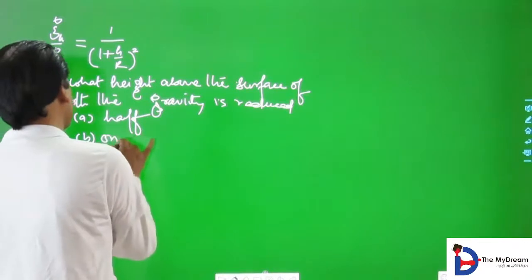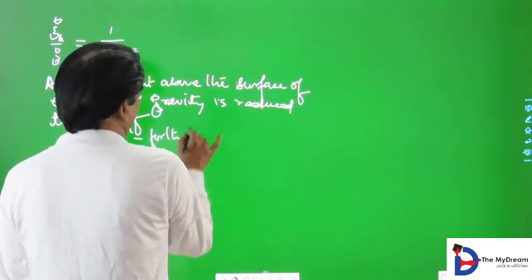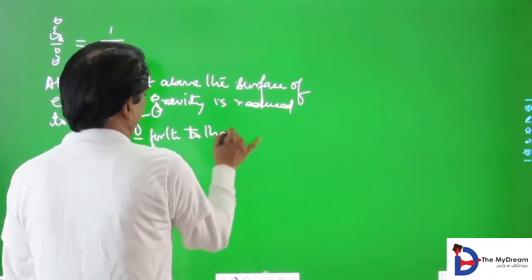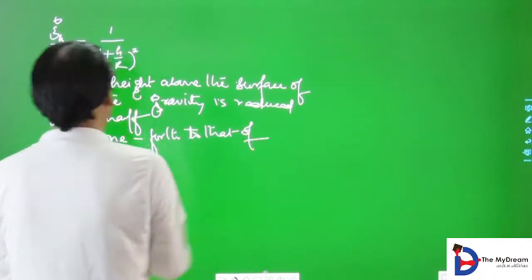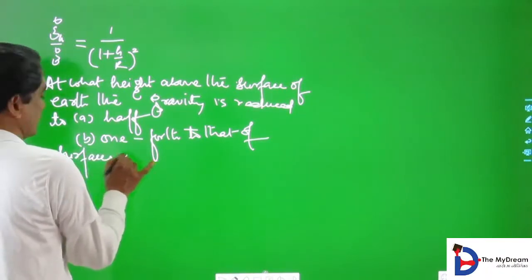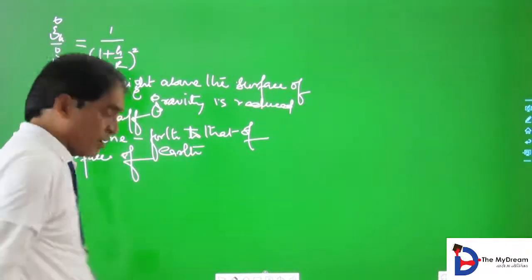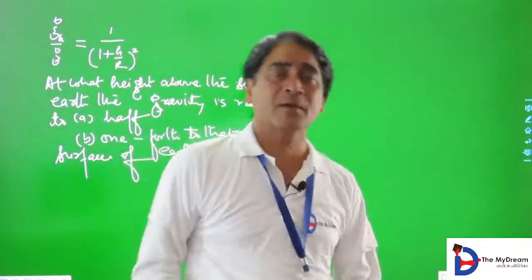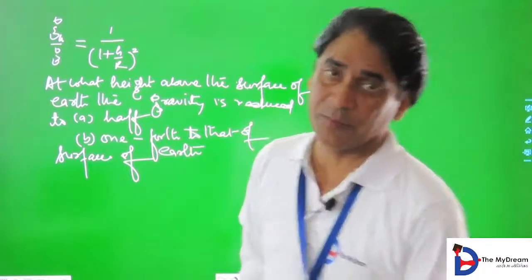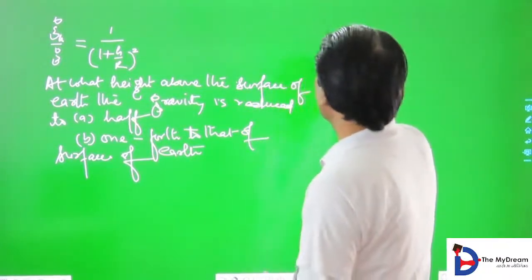One-fourth to that of the surface of Earth. At what height above the surface of Earth is the gravity reduced to one-fourth, half? So this is given to you, son.